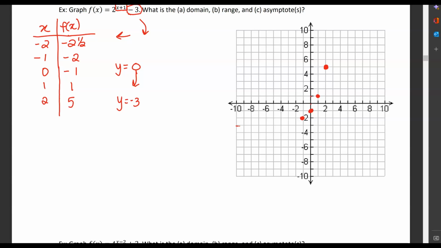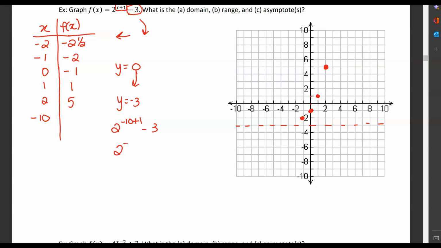To see if this is true or not, let's plug in another value and see if we can get lower than -3. Let's pick, say, -10, just to try it out. Here we would have 2 to the -10th power plus 1 minus 3.